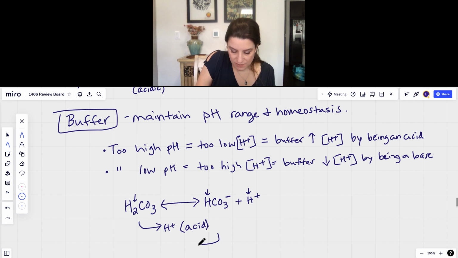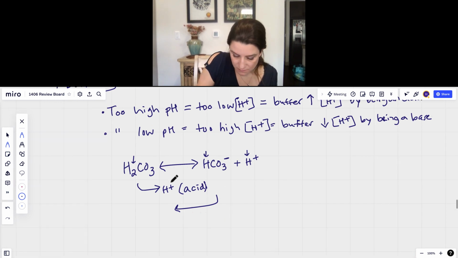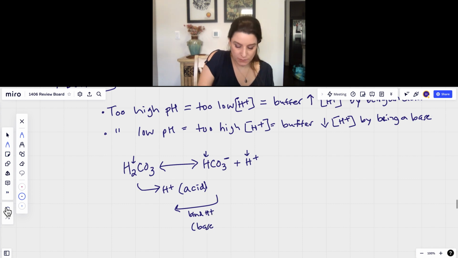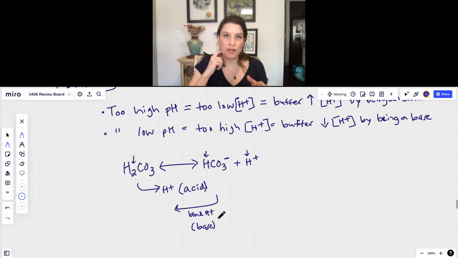When it's picking up the H's and going to the left, it's acting as a base. And so basically it can go between those two in order to change the overall hydrogen ion concentration of the solution.